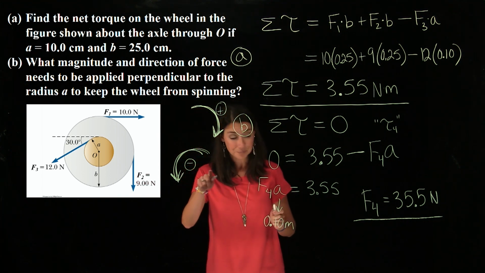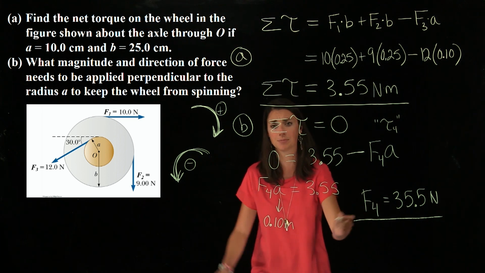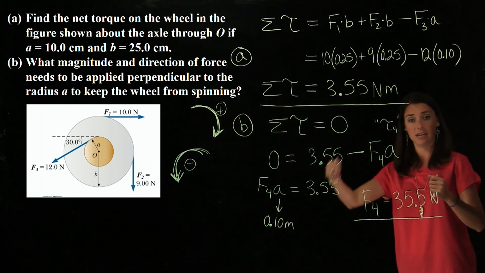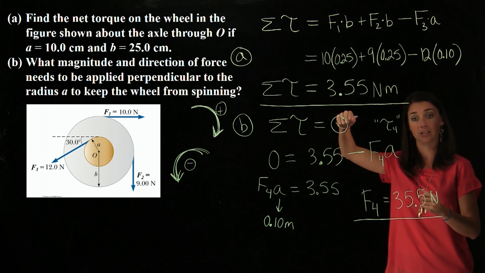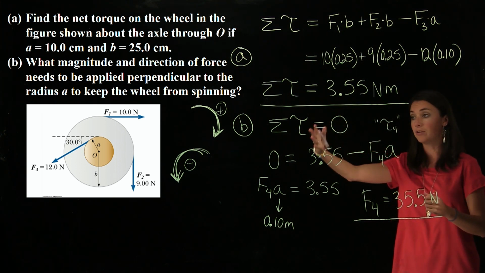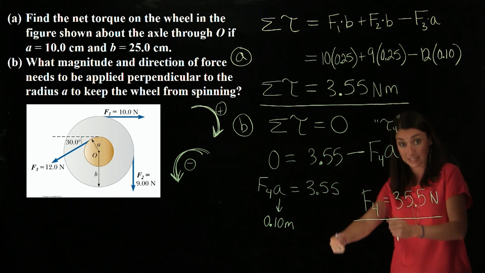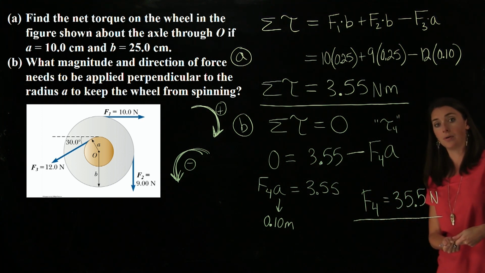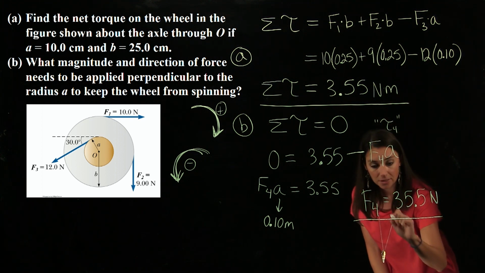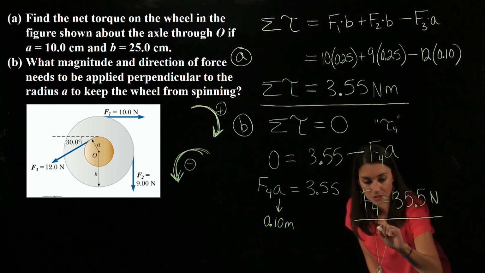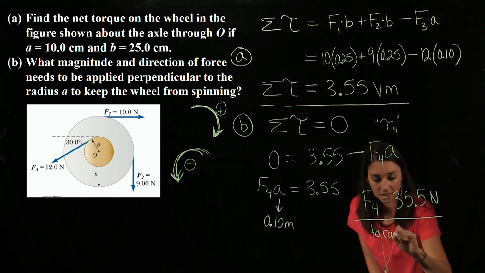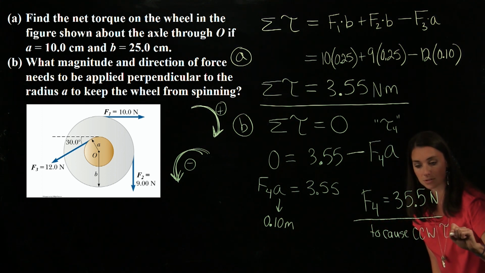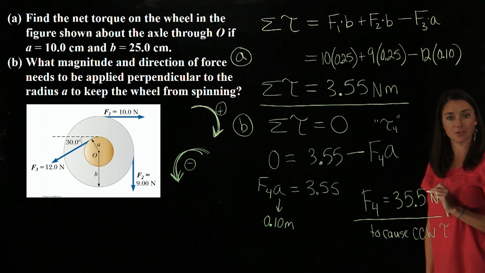Basically this force needs to be something like F3 in the picture, where it pulls in that overall leftward direction. If we were on top of the wheel, it would need to be pulling down. If we were on the bottom, it would need to be pulling to the right. The goal in terms of direction is to cause counterclockwise torque. So that's your specific direction for that.